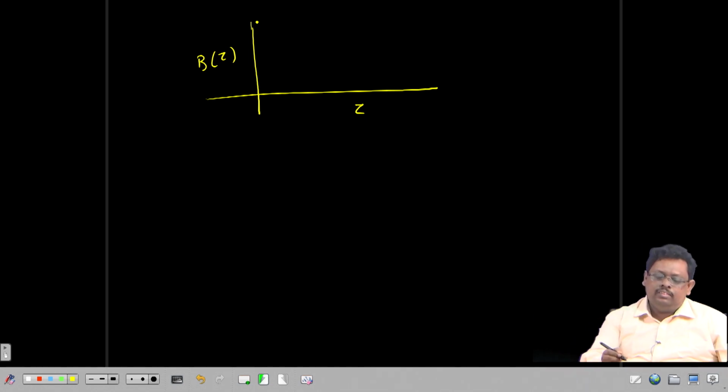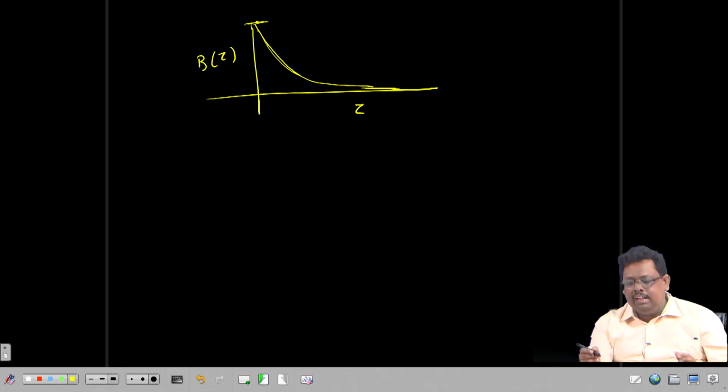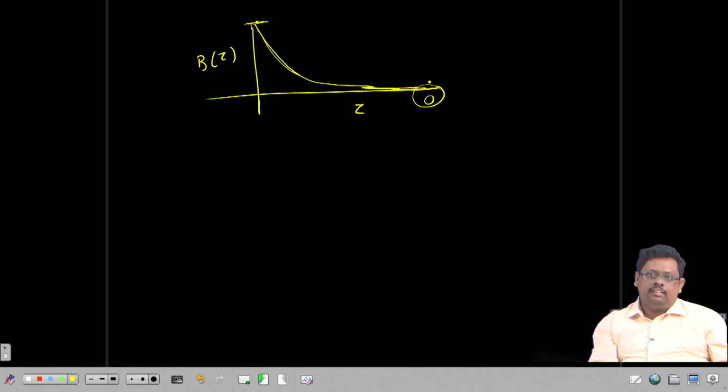So it must have some value and then it definitely should go to 0. It may not be the nature of the curve, it could be anything, but at least for larger tau it should go to 0, that is our take.